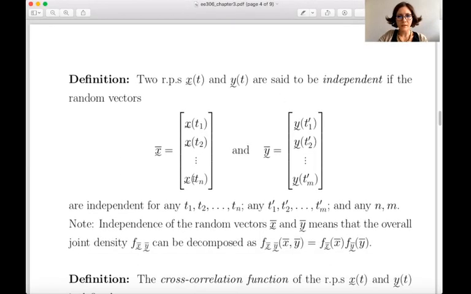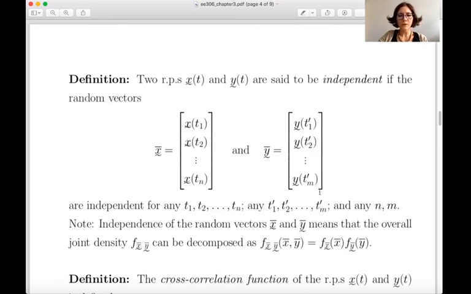Let's see how we define independence of two random processes. We don't just look at the random process at some t1 and t2, or let's call it t1 prime, but something stricter than this. We look at the first random process at arbitrarily many different time instances, let's say from t1 to tn, and then also take time instances from the random process y, at t1 prime up to tn prime.